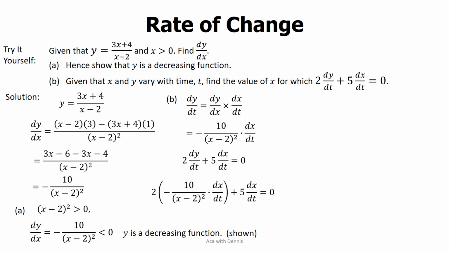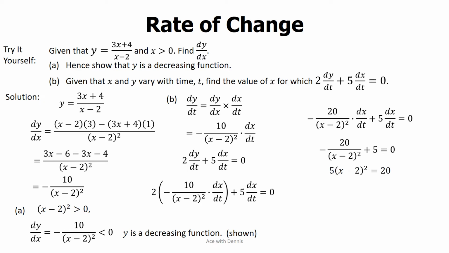Now substitute the value of dy over dt with negative 10 over (x minus 2) squared times dx over dt. Then we simplify, and we get negative 20 over (x minus 2) squared dx over dt plus 5 dx over dt. So we get that negative 20 over (x minus 2) squared plus 5 equals 0.